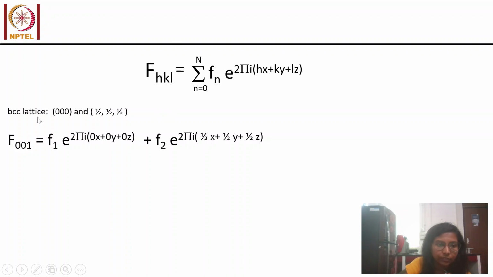If we take a body centered lattice, the two unique positions are 0, 0, 0, which is the origin, and an atom at the center of the BCC lattice, at half, half, half. So we will use these two positions, 0, 0, 0 and half, half, half, and then find the structure factor for this plane. I have left it blank.